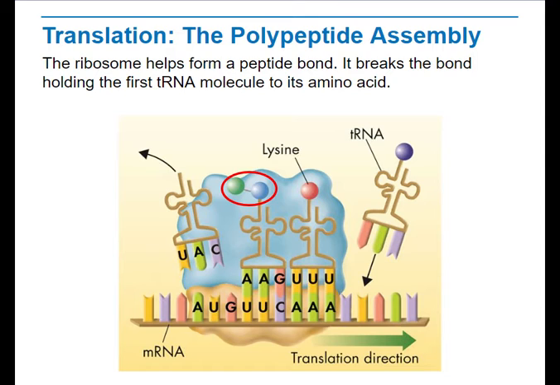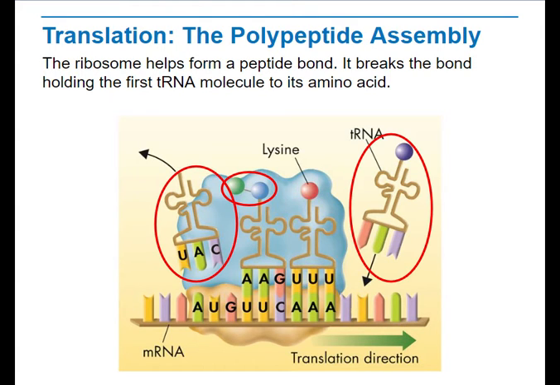At the same time, the bond holding the first tRNA molecule to the amino acid is broken. This is a weak hydrogen bond, and it's easy for the ribosome to break it off and send the tRNA back to pick up a new piece of methionine. The tRNA moves into a third binding site from which it exits the ribosome.